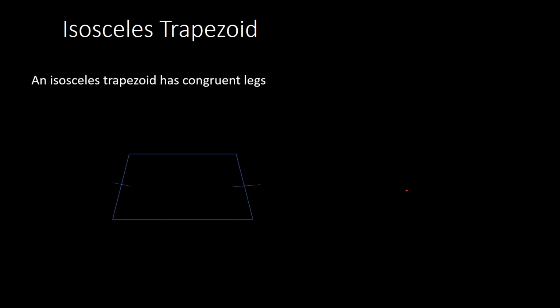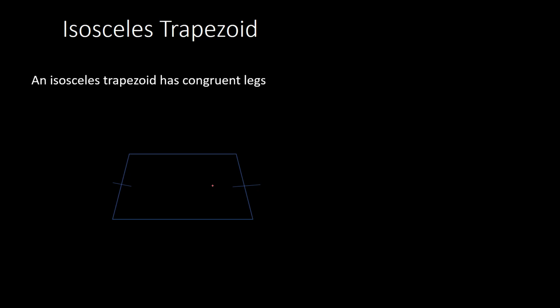Now an isosceles trapezoid is just like an isosceles triangle, where an isosceles triangle has 2 or 3 sides that are congruent, and an isosceles trapezoid, by definition, has 2 legs that are congruent as well. So here we see a picture of a trapezoid where the top and the bottom are parallel, and then the 2 sides, the left and the right, are congruent.